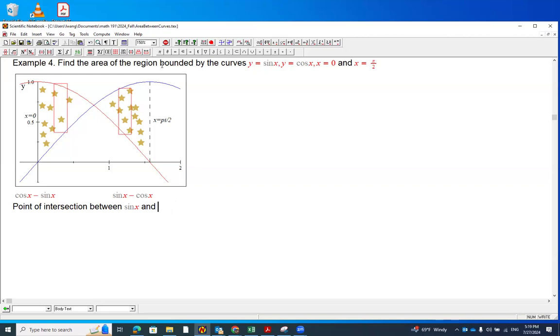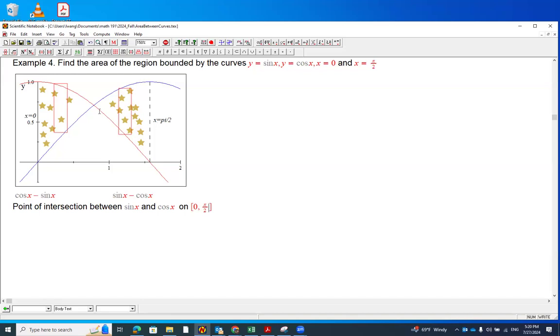And of course, we know sine x and cosine x can intersect at many points, but we are only interested in this particular interval, 0 to pi over 2, because that's the part we're interested in.